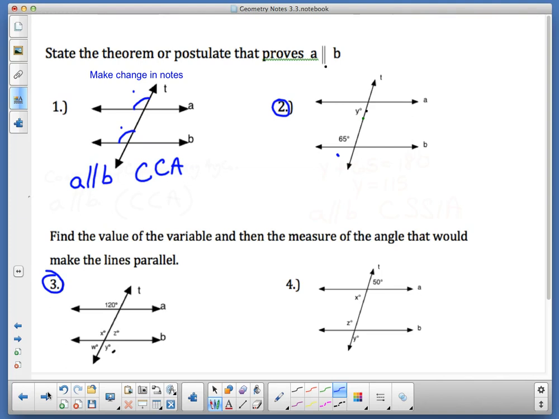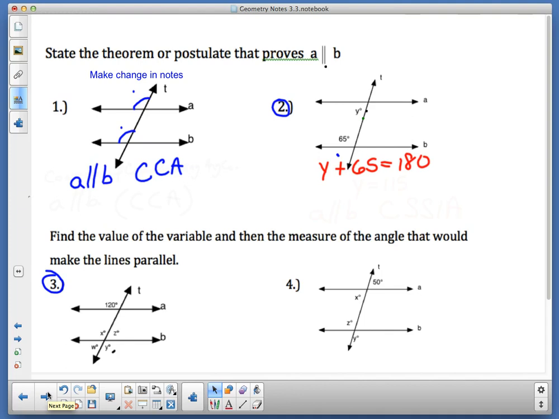And this next one, what do you know about y and 65? Name the relationship of the two angles. Is it alternate interior, corresponding, alternate exterior, or same side? Same side. So I know that y plus 65 is 180.